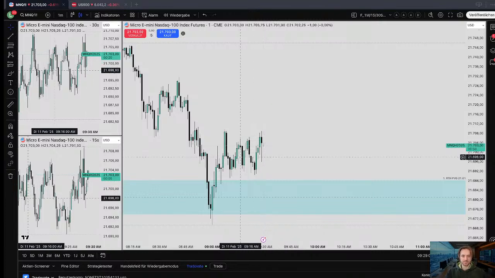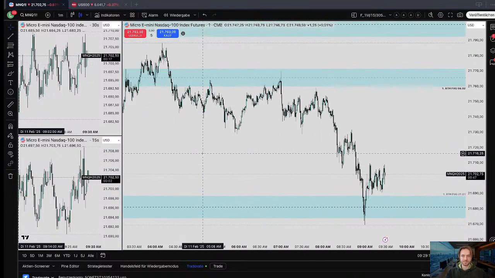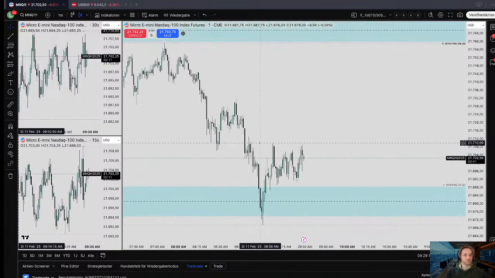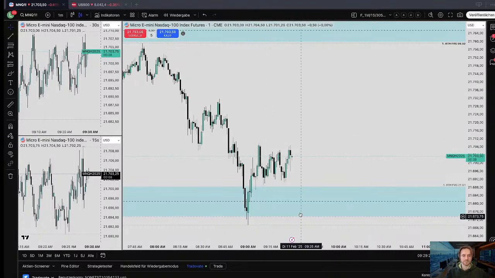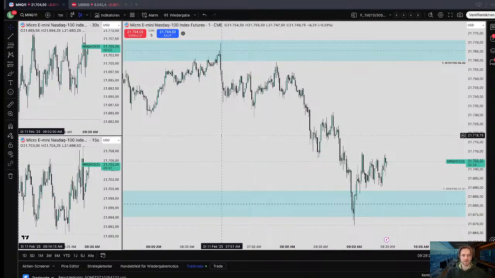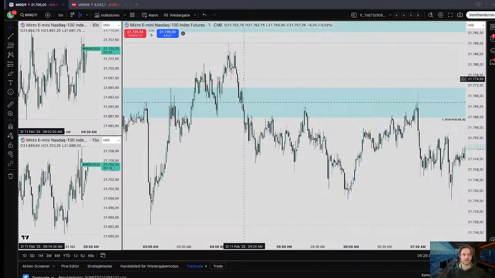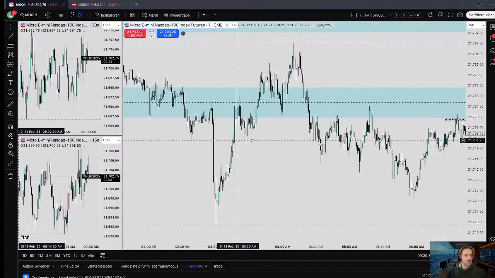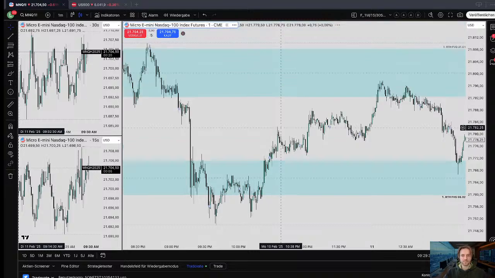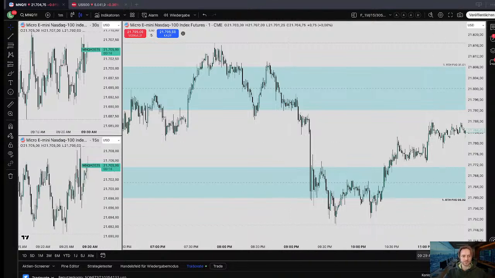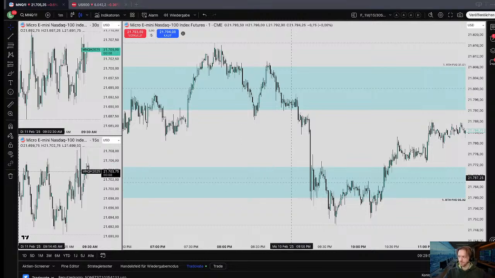Still sitting in a range here. That's pretty nice here. I wasn't sure if I added the first real-time hour fair value gap of yesterday.